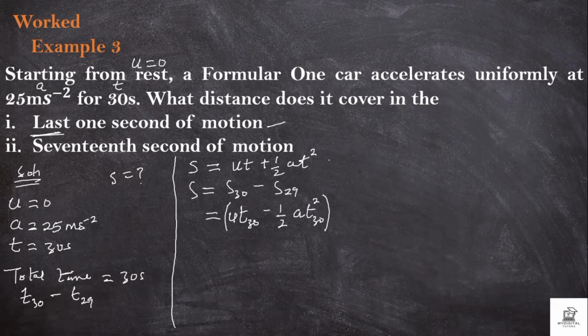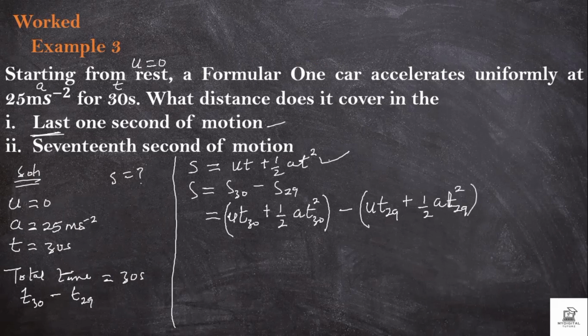Again, from this formula it is plus. So we have plus, then minus for the 29th second, I'm going to have u multiplied by t29 seconds plus half a t29 seconds all squared. Is that clear?